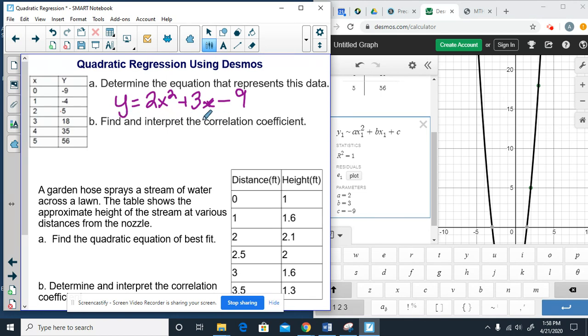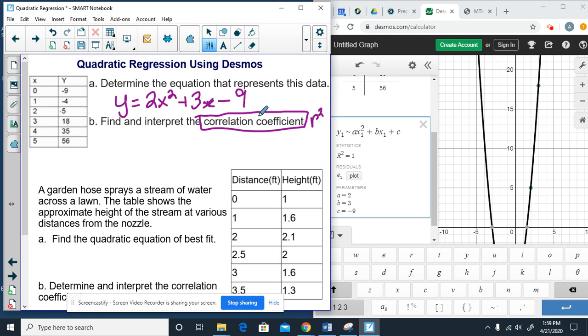All right, the correlation coefficient. The correlation coefficient when we're talking about a quadratic is an r squared. Now, when we looked at linear regression, we looked for that r. Here we're going to look for r squared.